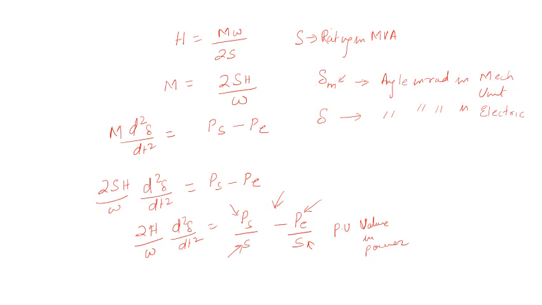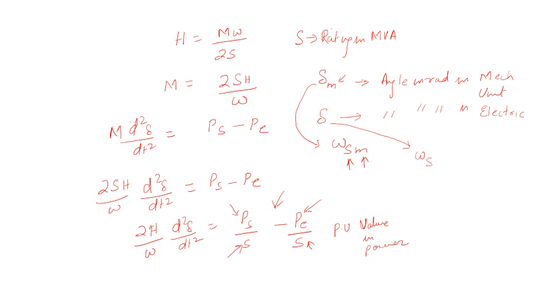If I am using delta m, I will use omega sm, the synchronous speed in mechanical units, and if I am using delta, I'll use omega s.